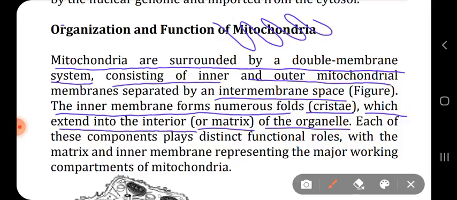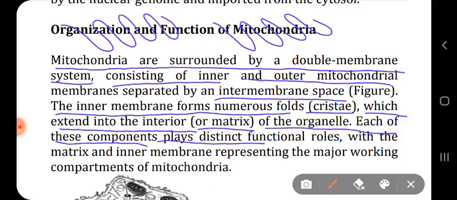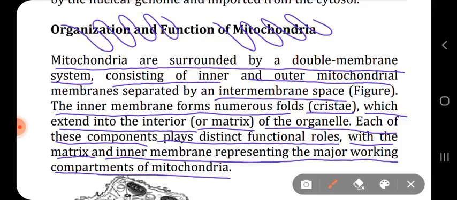Inner membrane have tiny projections, tiny fold like structure called cristae, which extend to the interior of the mitochondria. Each of these components, inner membrane, outer membrane, the cristae like structure, play a distinct functional role, with the matrix and inner membrane representing the major working compartments of the mitochondria.